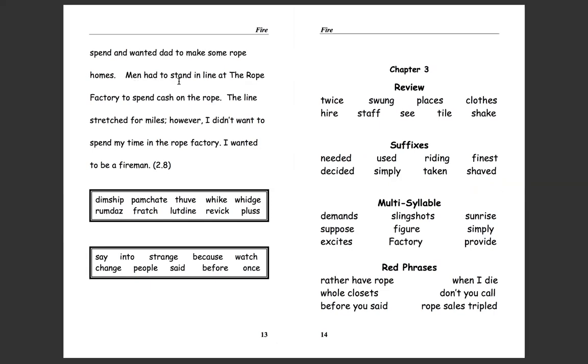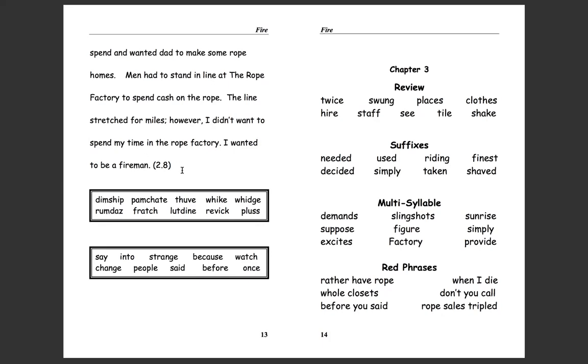Men had to stand in line at the rope factory to spend cash on the rope. The line stretched for miles. However, I didn't want to spend my time in the rope factory. I wanted to be a fireman. The end of chapter 2.